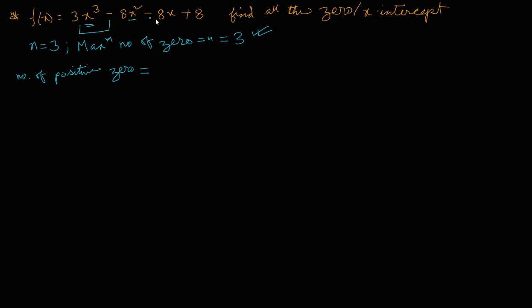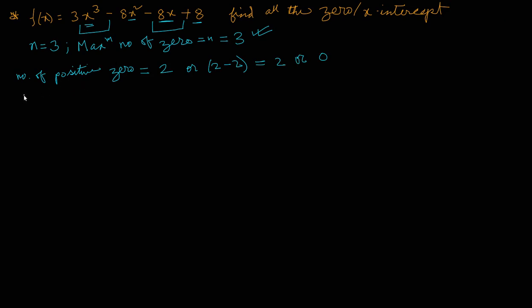This is negative, this is negative, so no sign variation. Now this term is negative, this term is positive, so I have another sign variation. In total I have two sign variations. So I can have 2 positive real zeros, or 2 minus 2, which is 0. So 2 or 0.